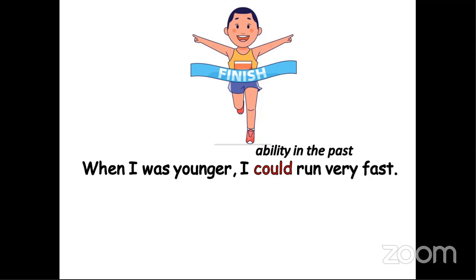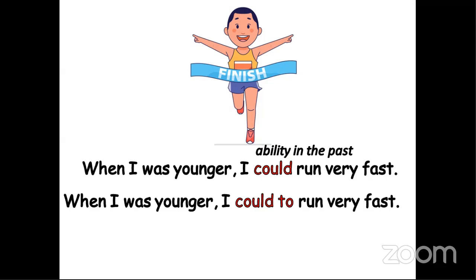And what is the modal I've used over here? Could. And it is talking about my ability in the past. But remember, we can never say, when I was younger, I could to run very fast. Why? Because to is never used after a modal verb.